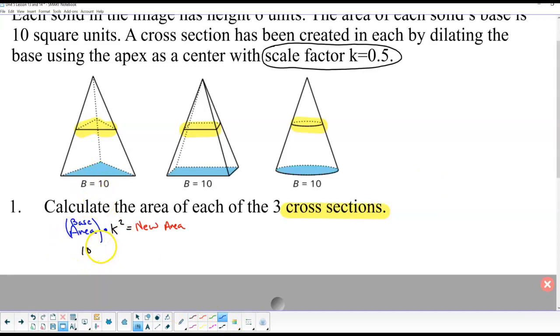We know our scale factor is 0.5, and that will give me the new area. When I square 0.5, I get 0.25. When I multiply 10 by 0.25, we get 2.5 units squared.